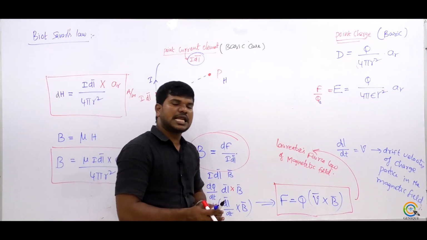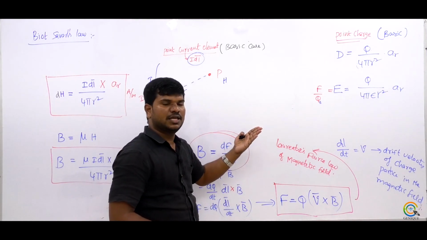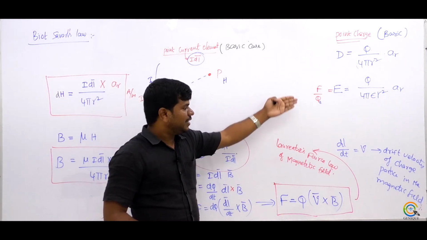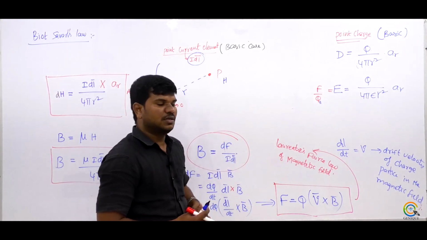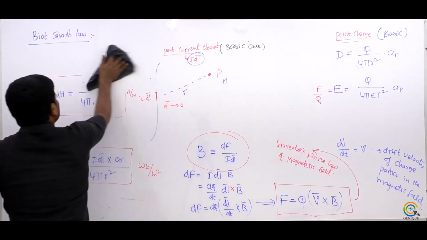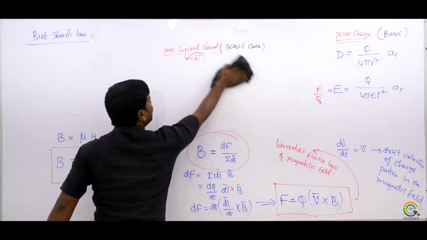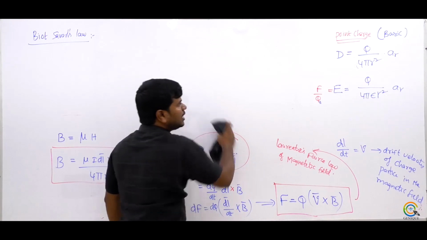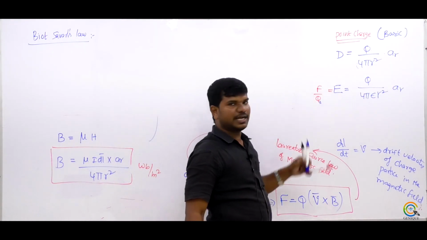He has described the nature of the electric fields and also the magnetic fields. So what is the force? We got two kinds of force here: one is the electric force and one is the magnetic force.